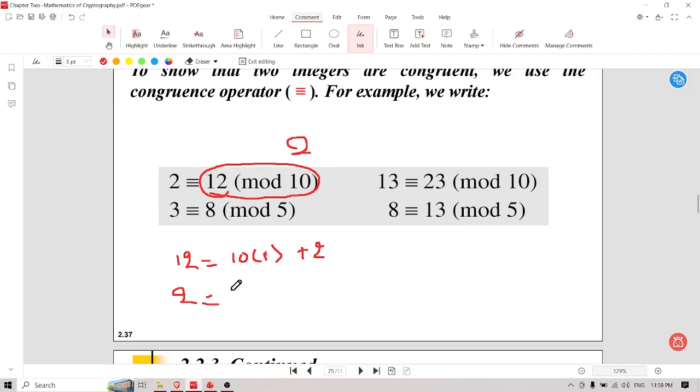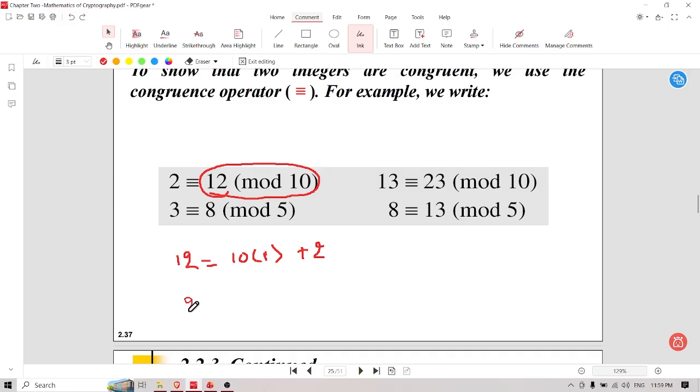We have 10, we should multiply it by something and add something. Sorry, we will do it again.